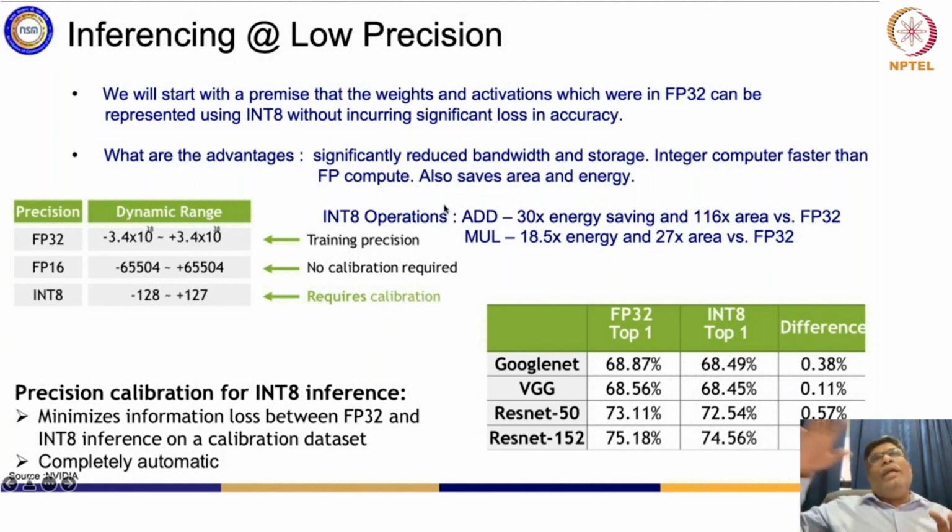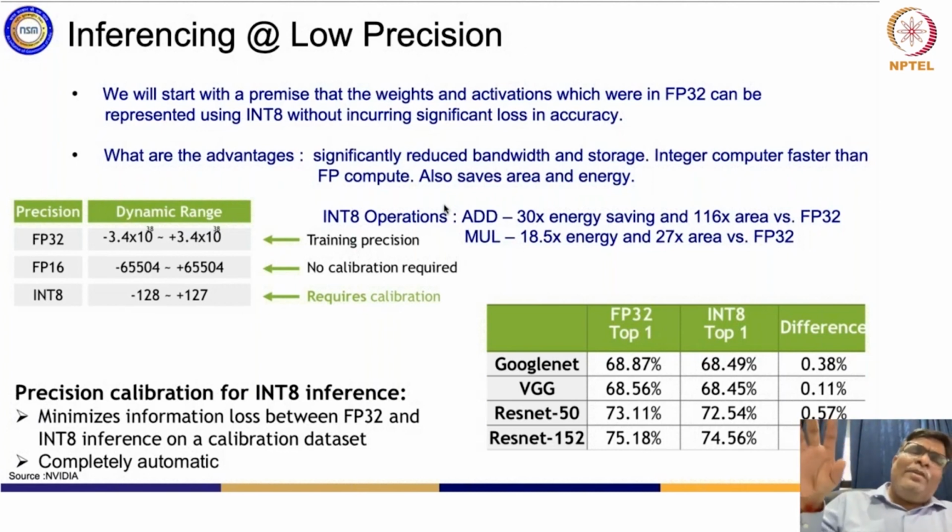There are many other things wherein people talk of mixed precision, where the software can automatically take in the required precision values and all of that, but we're not going into that.